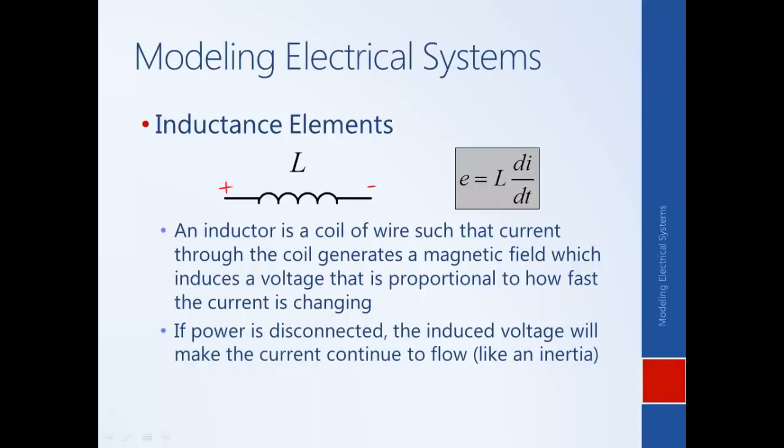Again, going back to our mechanical analogies, the fact that this magnetic field is inducing a voltage that opposes the change in current, it's like a mechanical inertia. Inertia can be thought of as a measure of a mechanical system's resistance to change. An object in motion tends to stay in motion. An object at rest tends to stay at rest, where that tendency is its mass or its inertia.